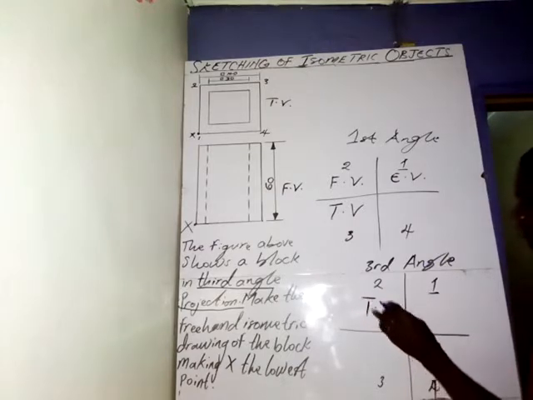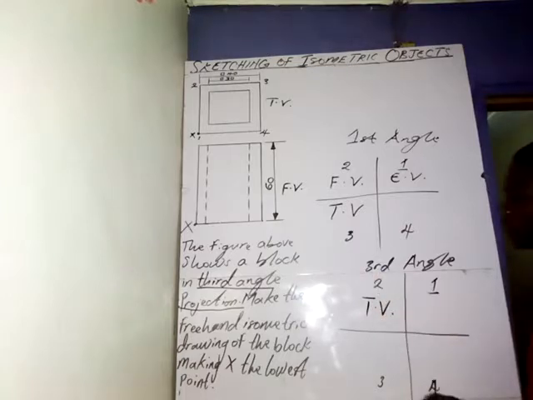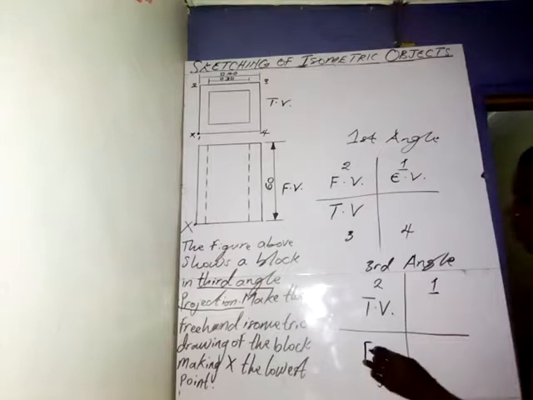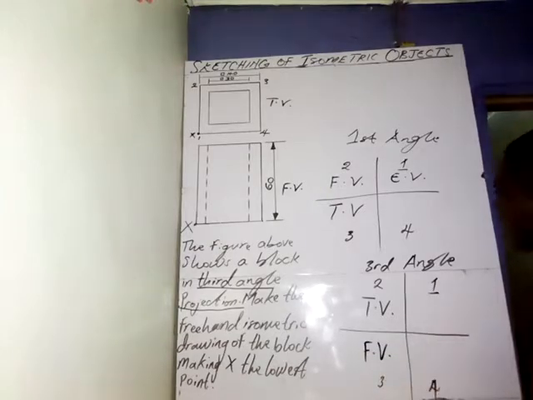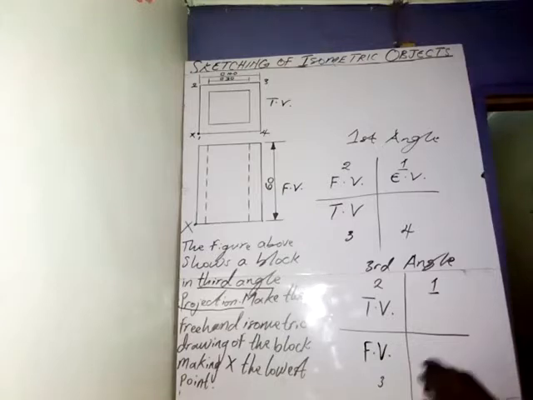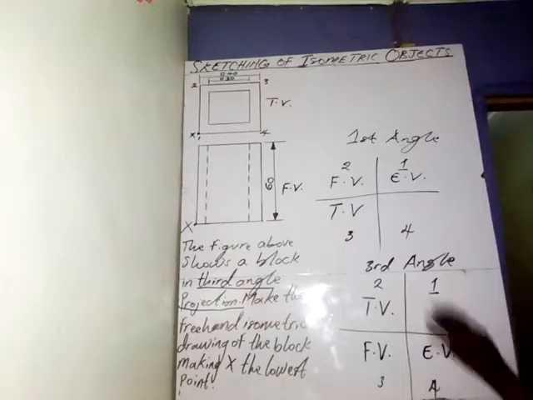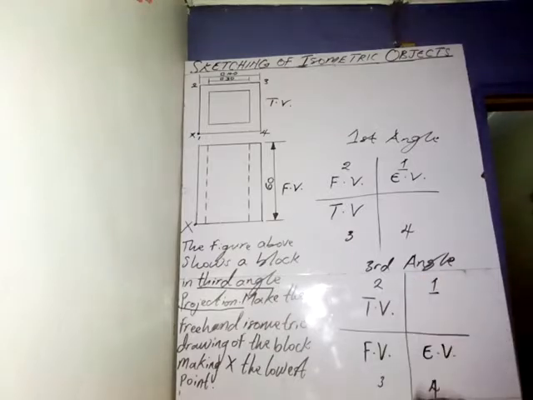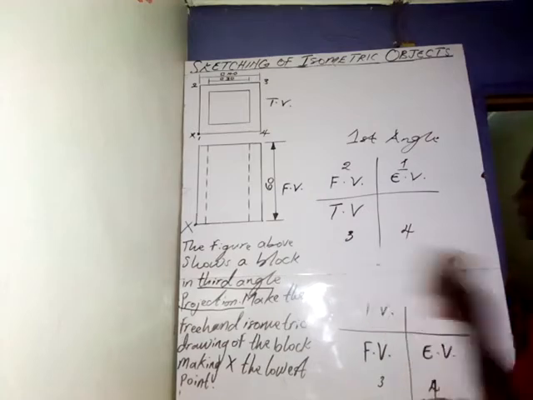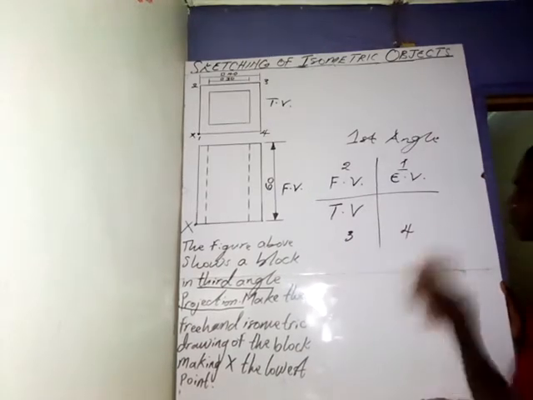The top view is put in the second quadrant, the front view occupies the third quadrant, and the end view or side elevation occupies the fourth quadrant. So this is the difference between the first angle projection and the third angle projection. So let's go to the question so that we can answer the question quickly.